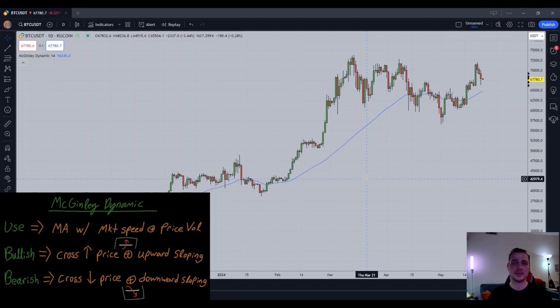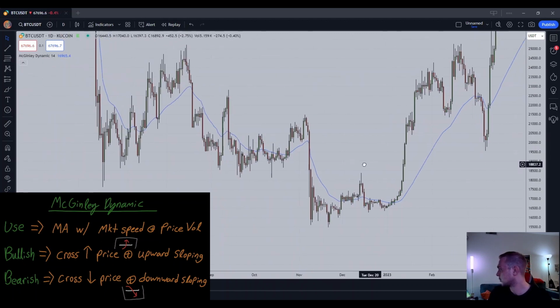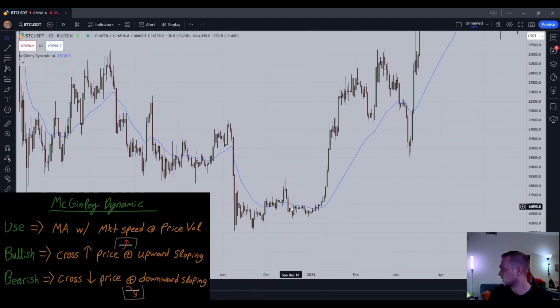When the McGinley dynamic line crosses from below the price line and is upward sloping, it's often interpreted as a bullish signal, and traders may consider entering a long position at that point. As you can see on the chart, in the new year, right when things turned bullish, January 2023, the McGinley dynamic line is going under the price action, and you can see it's upward sloping.